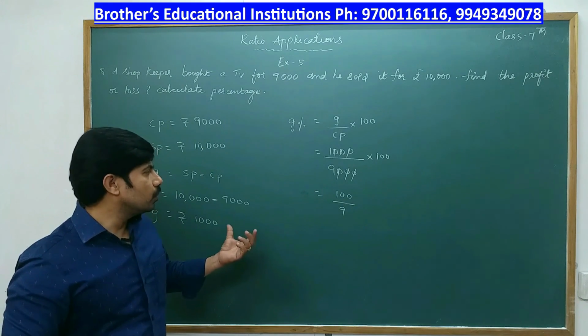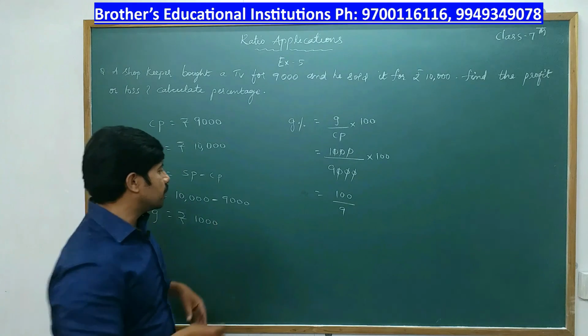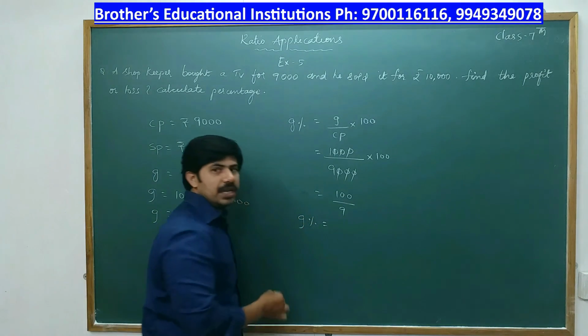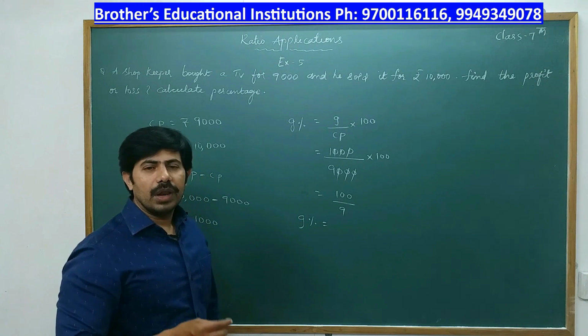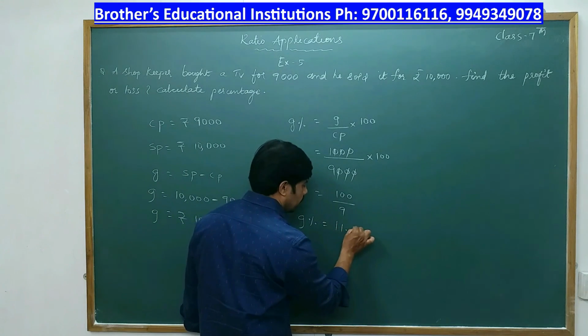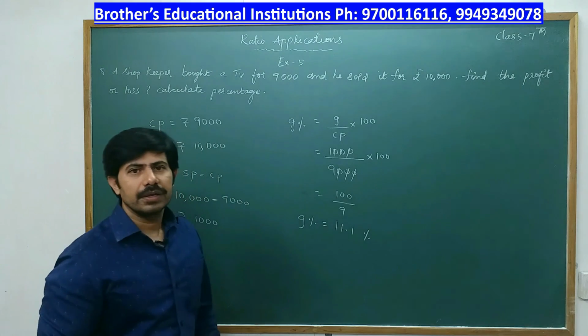We have to calculate this, then we get the gain percent. So the gain percent is approximately 11.11, or just write 11.1% approximately. Okay, so this is completed.